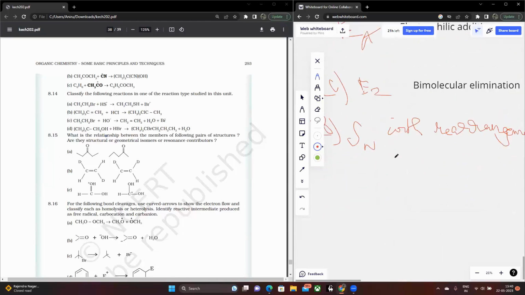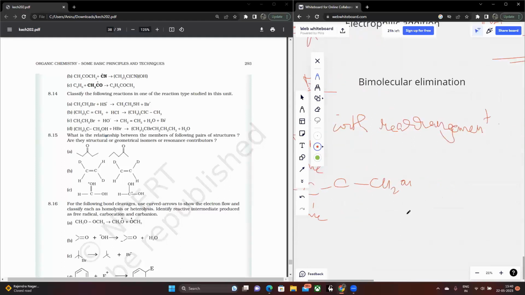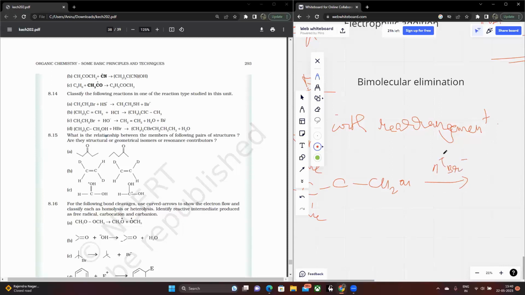The mechanism of this reaction proceeds like basically, if you have C, Me, Me, Me, C, CH2OH, and you are attacking it with H plus Br minus, right?